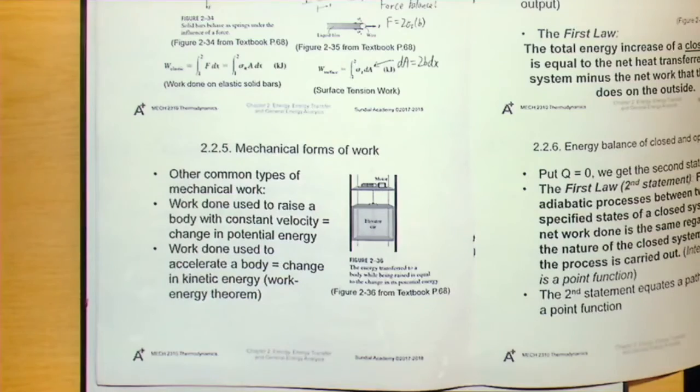Okay? Another important class of mechanical work is of the following. If work is done to raise a body with no change in velocity, it is equal to the increase in the potential energy, and vice versa. Okay? If work is done to accelerate a body, it is equal to the increase in the kinetic energy, and vice versa. The latter type of work done is given by the work energy theorem that you have learned in elementary mechanics.